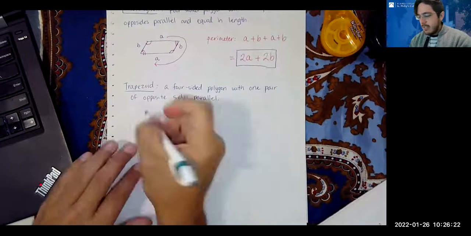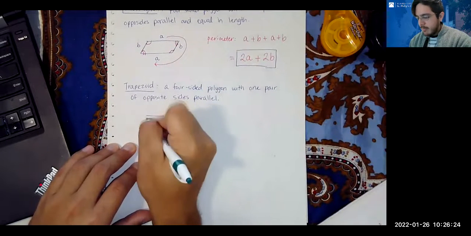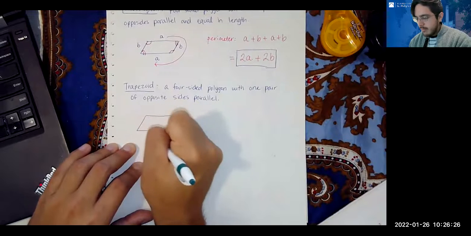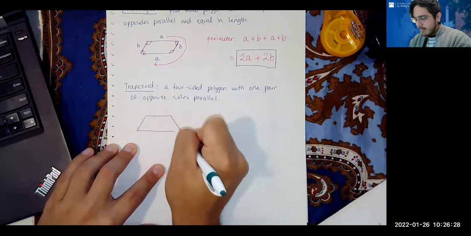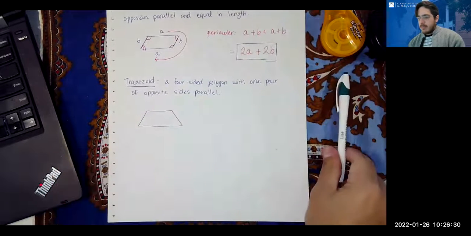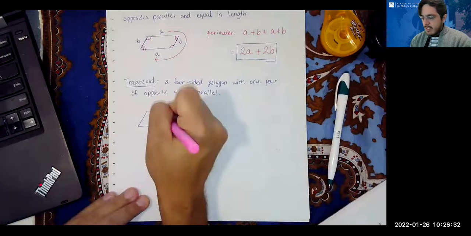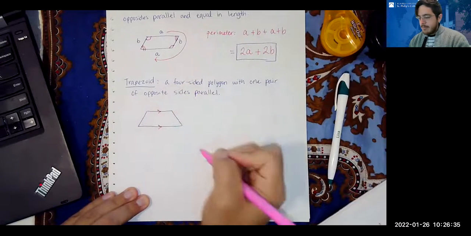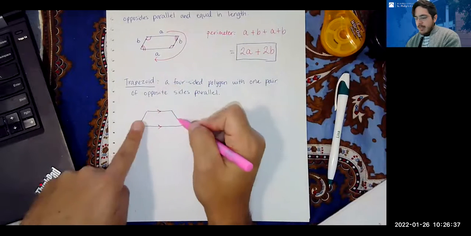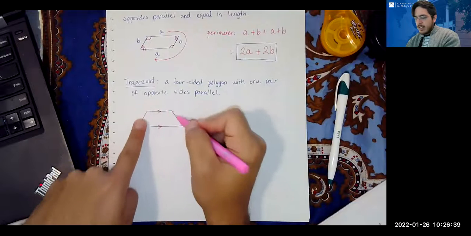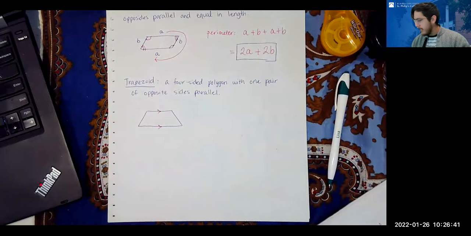So we can think of it like a pyramid shape, or like the Pizza Hut symbol. This side and this side are parallel, but if we were to extend the lines for these other sides, eventually they would intersect, so they're not parallel.